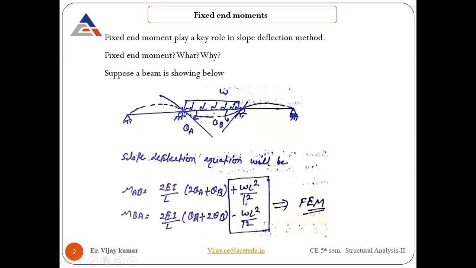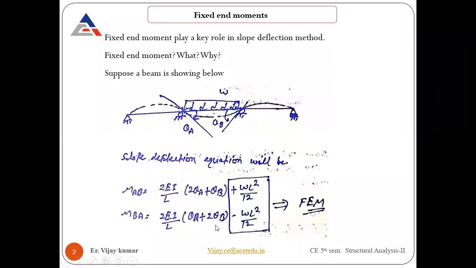This is the fixed end moment. We already know how to get this fixed end value, but where this value comes from in the equation, I am going to derive in today's lecture itself.